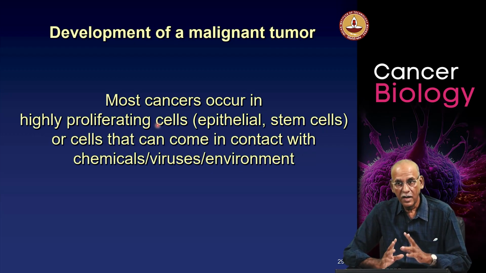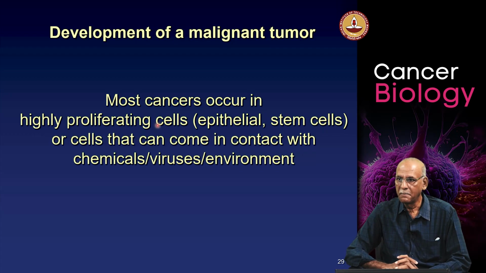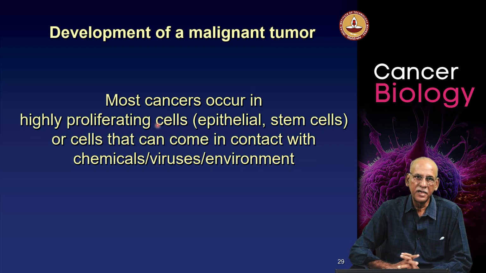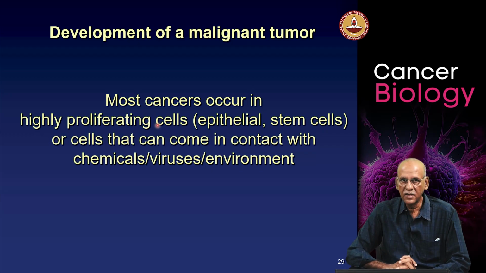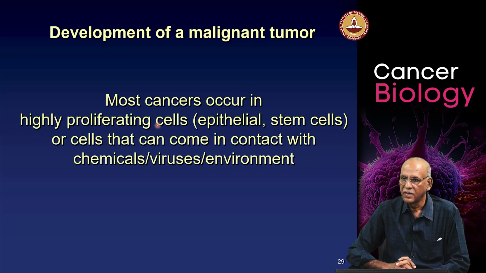So, proliferating cells have the tendency to become abnormal and then they may turn into cancer cells. The two important examples are epithelial cells and stem cells. Later on I will explain the stem cell theory also. Stem cells, you know what are stem cells. So, they can practically change into any other shape, right. What are the other properties?